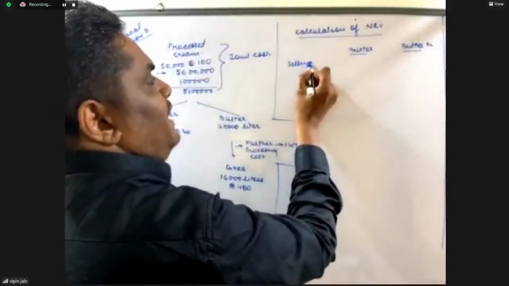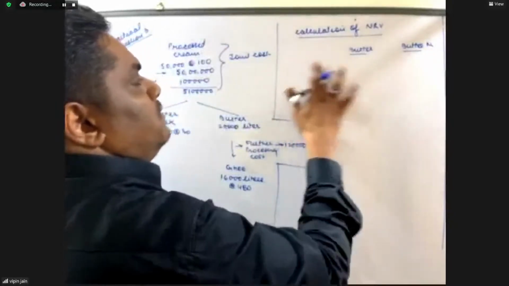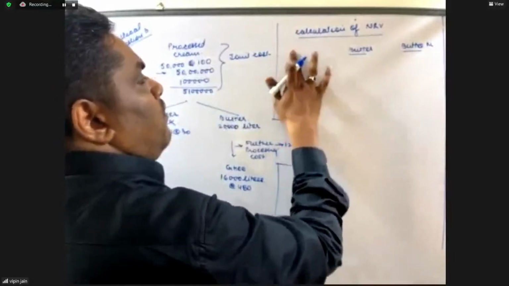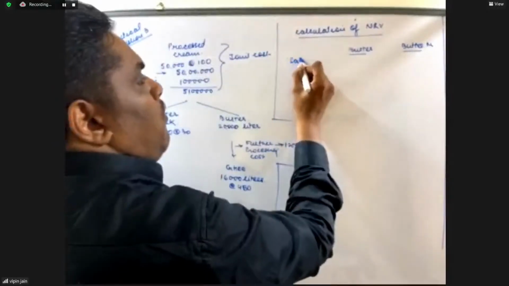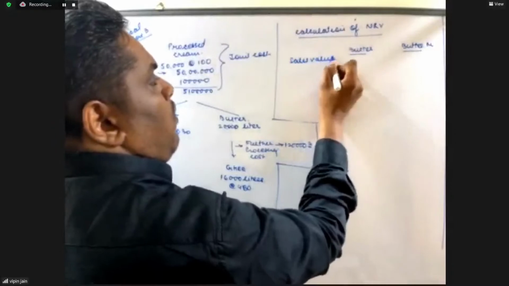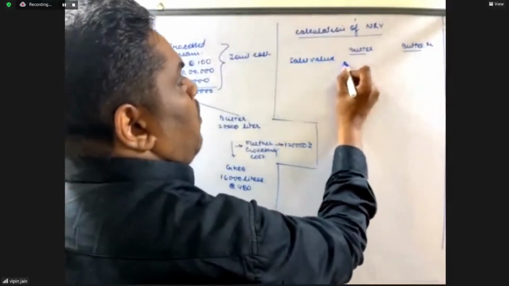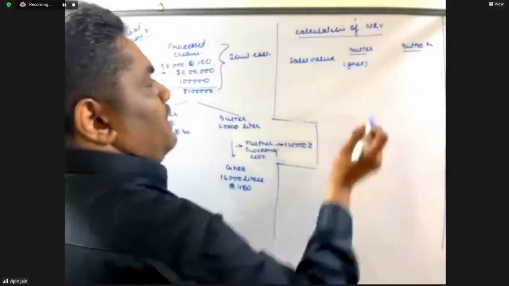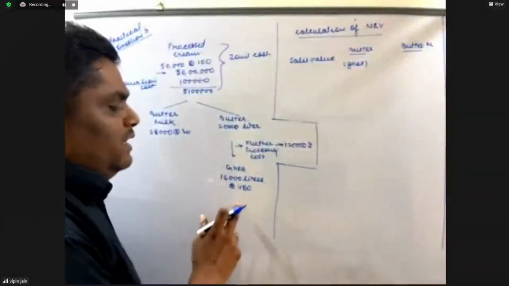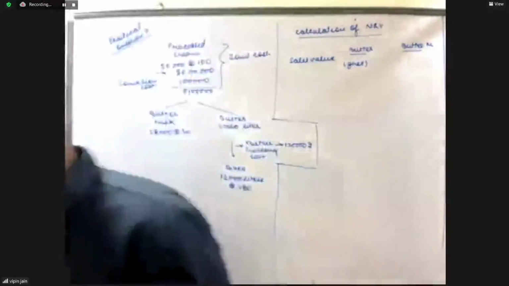When talking about the selling price, the sales value of ghee is 16,000 liters into 480.